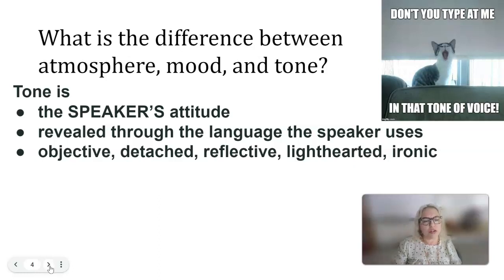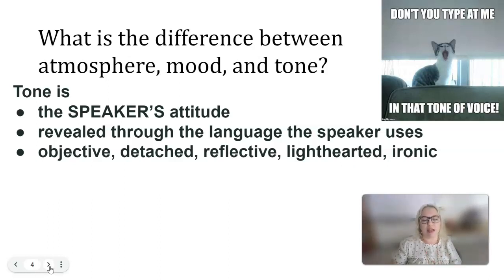Those are all some good tone words. So it's showing the attitude of whoever's talking, whether it's the narrator or a character. It's how they feel. And that affects you as the reader. It affects mood, but it is not the same thing. All right, let's move on.